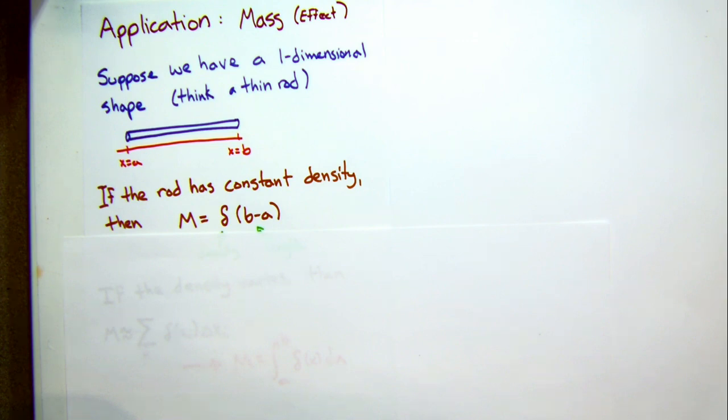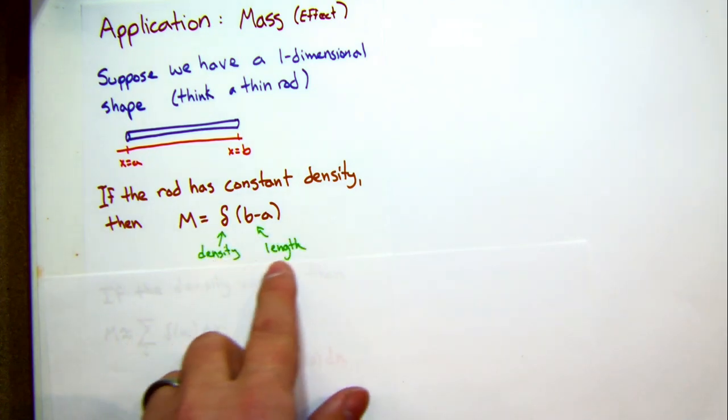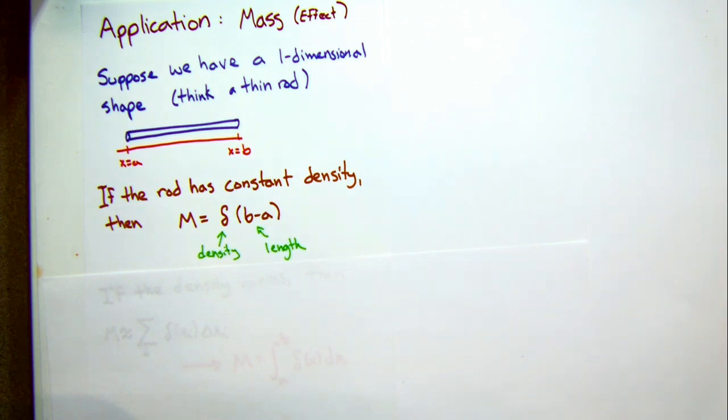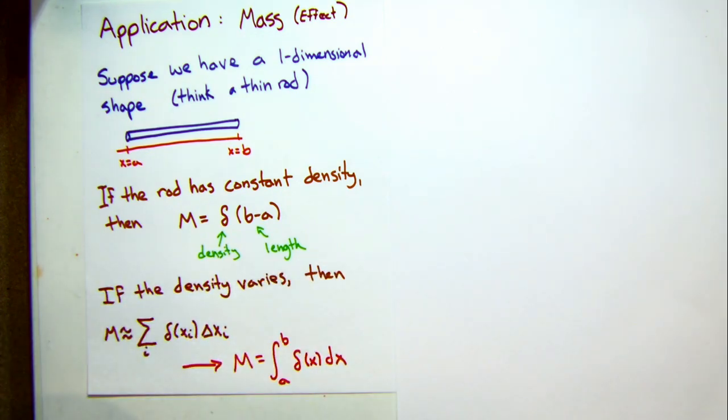Well, let's suppose for a moment that the rod has constant density. Now, density is how much mass there is for a unit of length. So then the mass is the multiplication of density times length. Easy, because density is how much mass per unit length. B minus A, how much length do you have? Multiply them together, that's the mass.